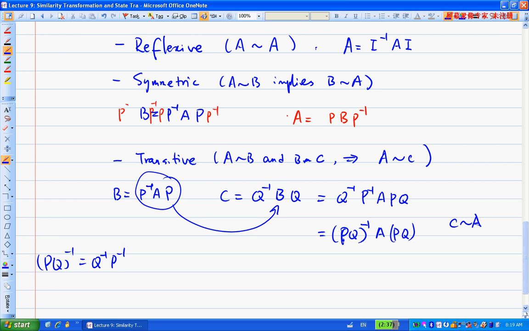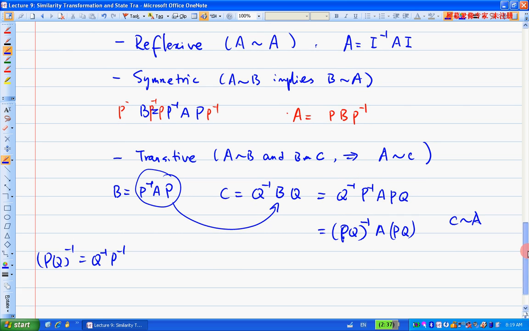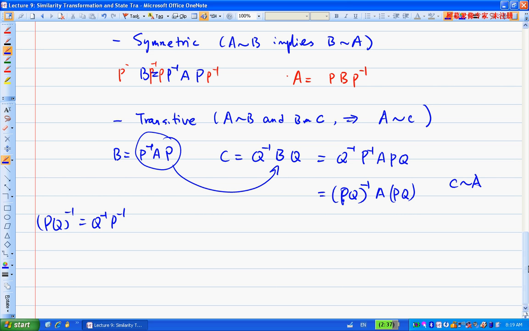So why is this important to us? If you remember in the lecture, when we were deriving the state space model from a Z transfer function, what are the two different types of state space model we end up with?